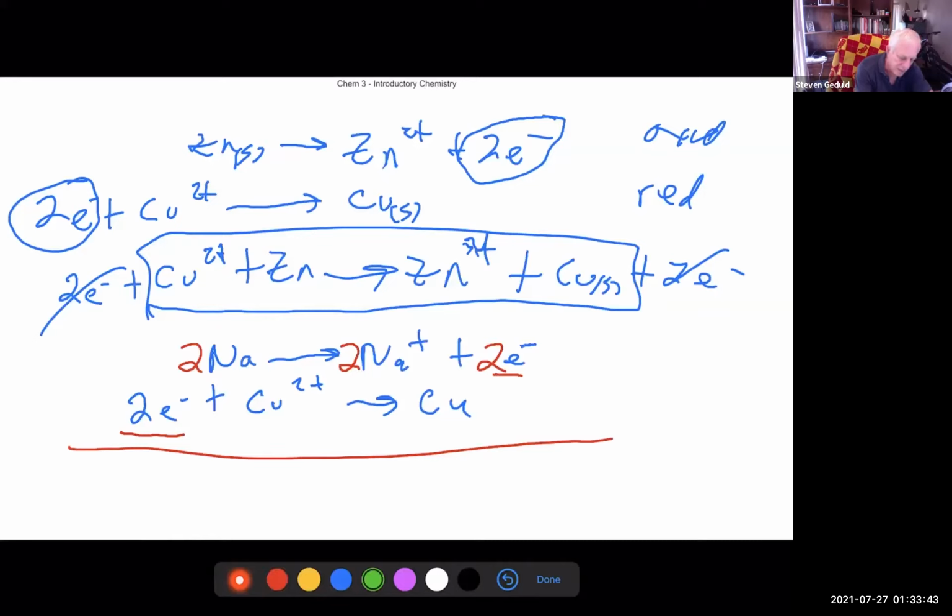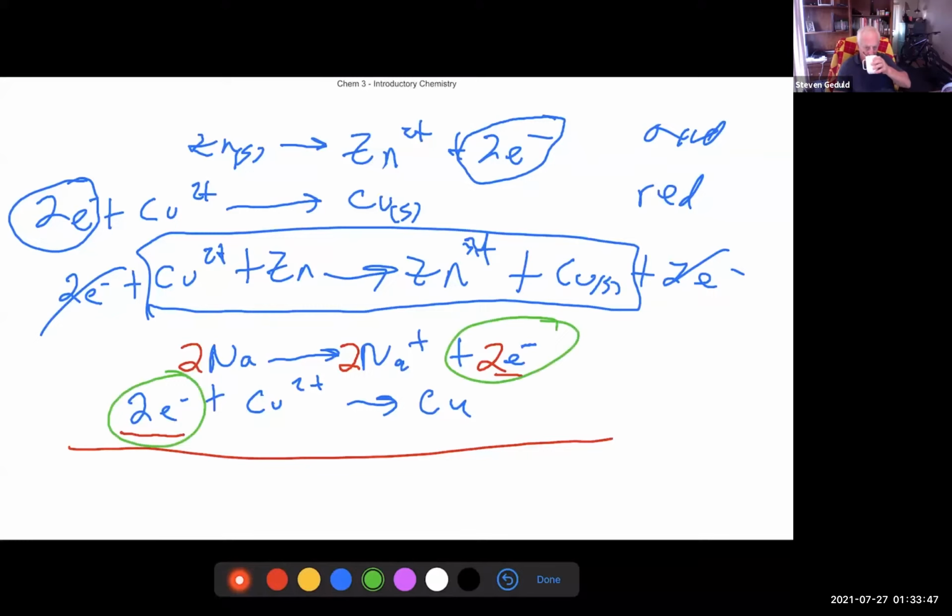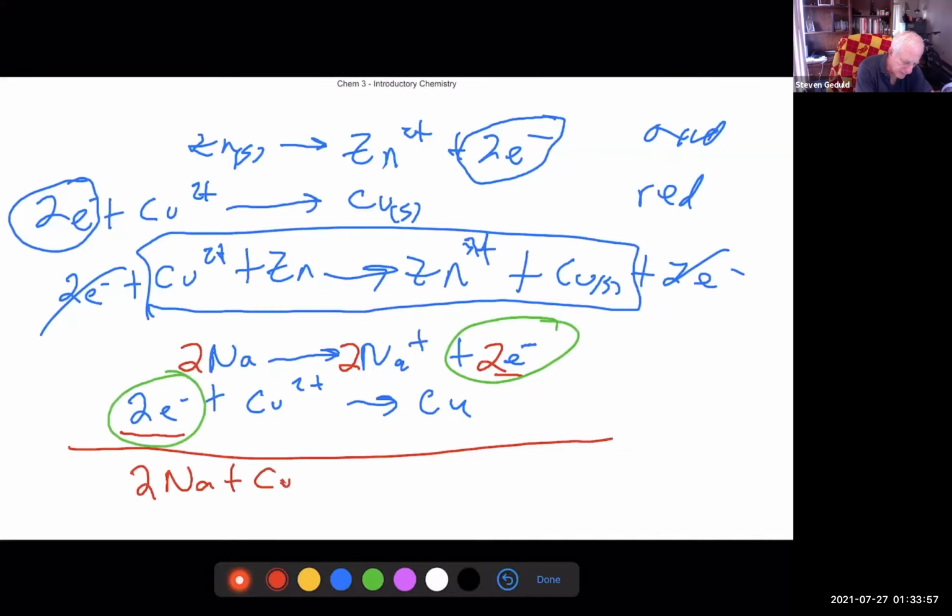This number has to be the same on both sides. So our equation becomes 2 Na solids plus copper 2+ goes to 2 Na+ plus copper solid.